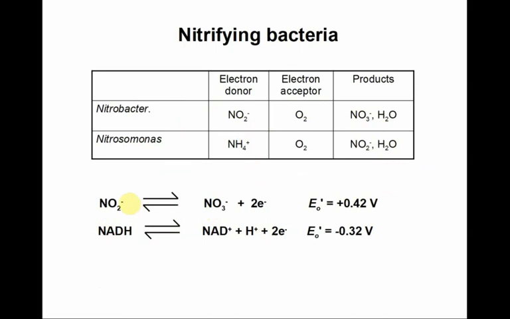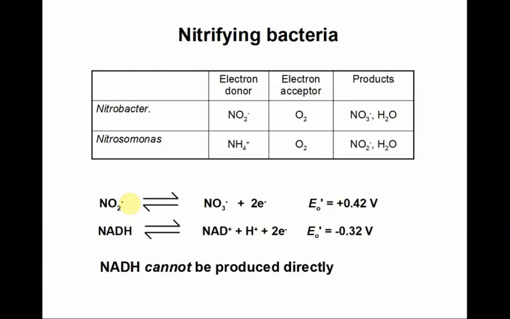We saw that anaerobic respiration is running the other way around. You've got NADH, and the electrons go on to the nitrate. So how can these bacteria get it to work the other way? That's difficult. It's not easy at all.